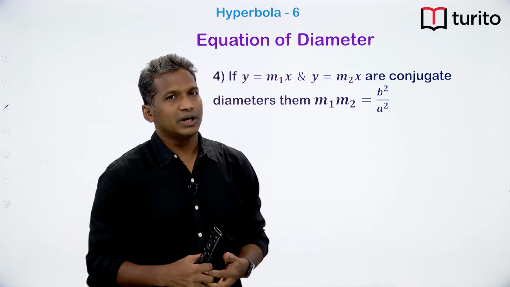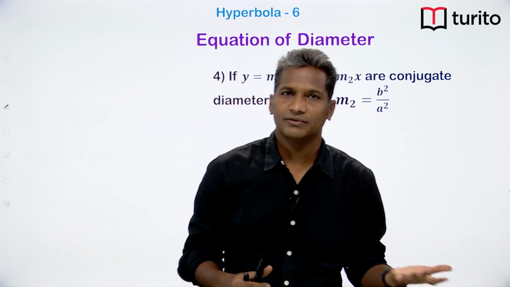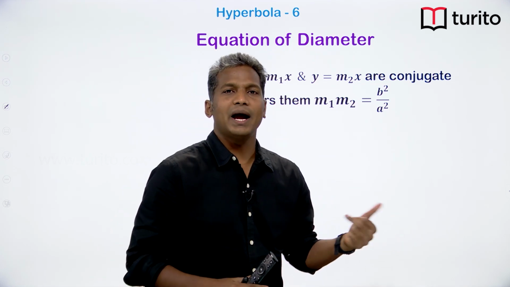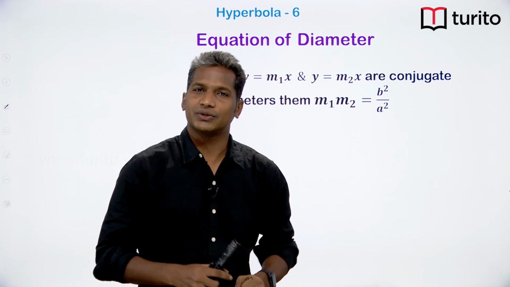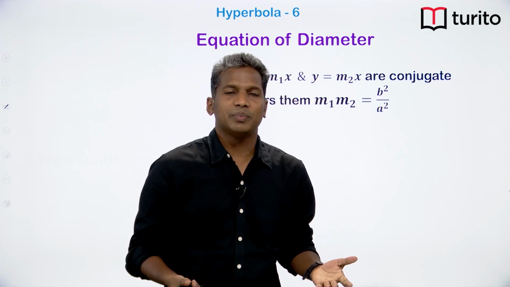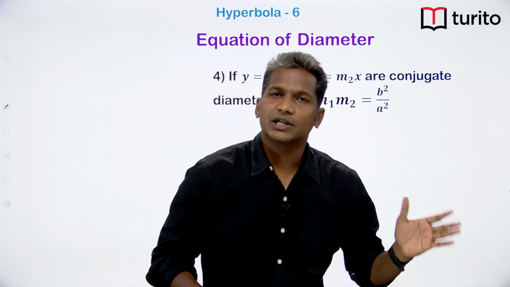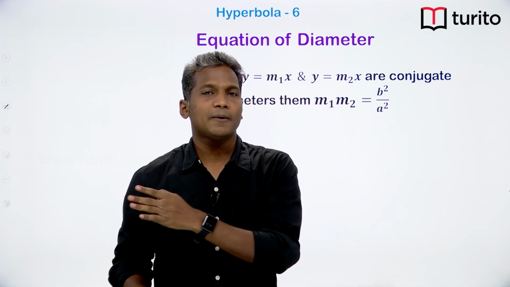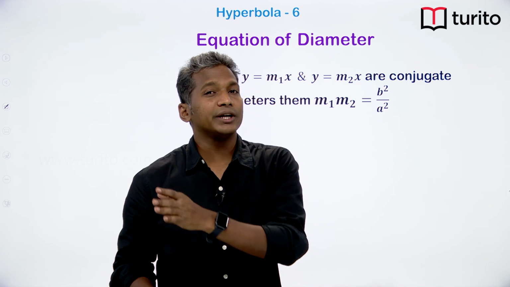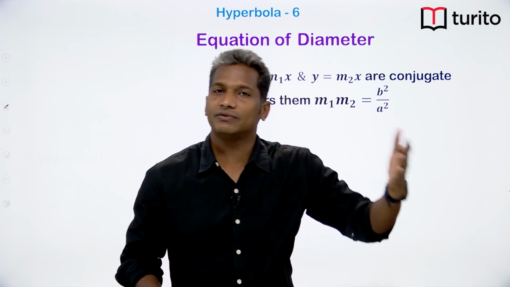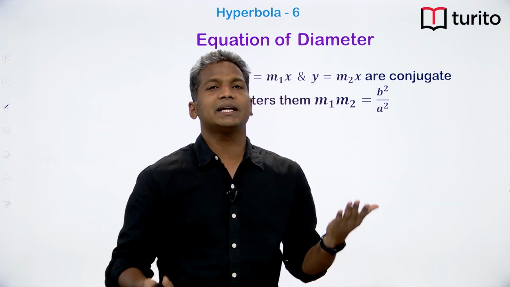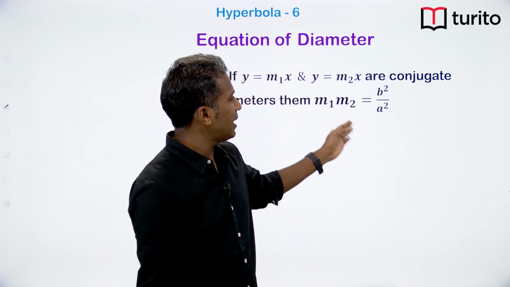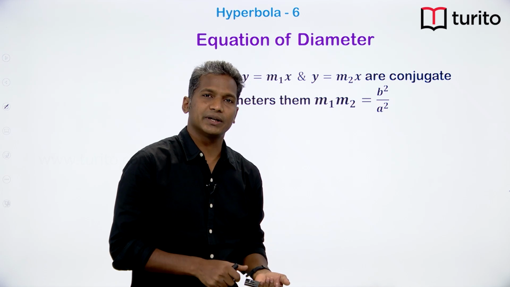Now, you know the definition of conjugate diameters from the ellipse. The same concept can be used here. Chords corresponding to one diameter are parallel to the other diameter, and chords corresponding to the second diameter are parallel to the first diameter. In that case, the condition between slopes must be m1 m2 = b²/a².